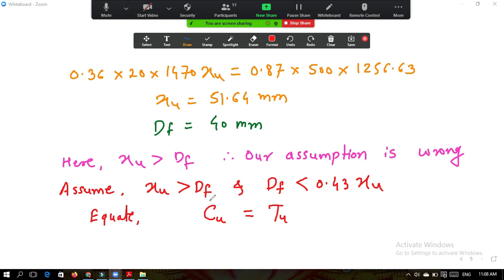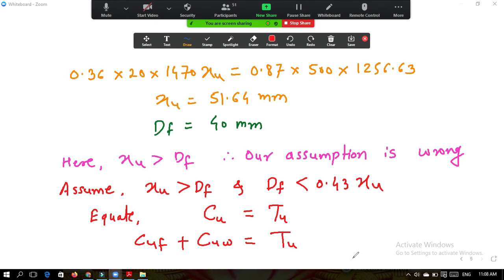For this second case, Cu means compressive force in flange plus compressive force in web. That is nothing but total compressive force, which is equal to T. Okay.